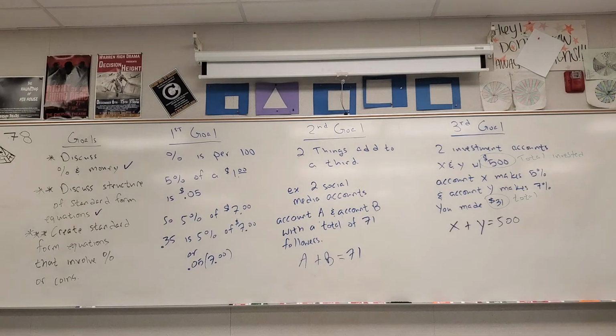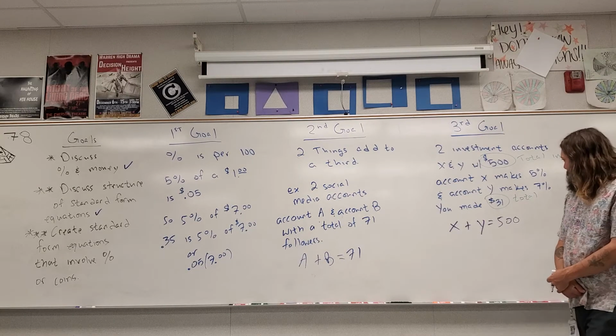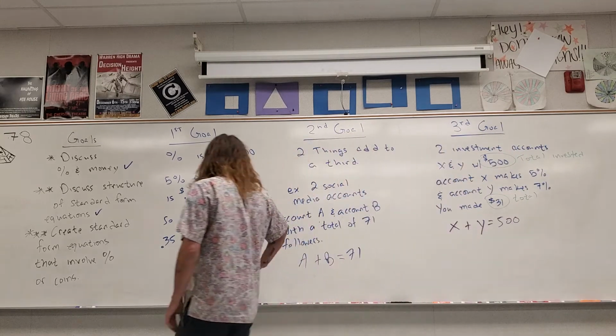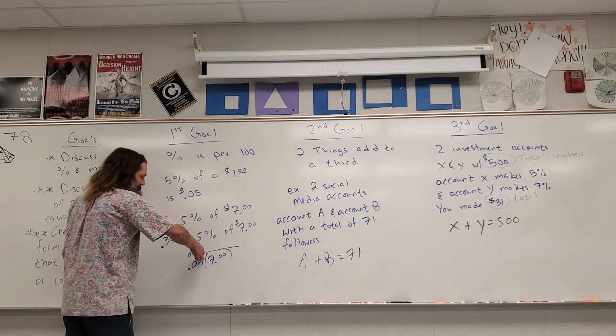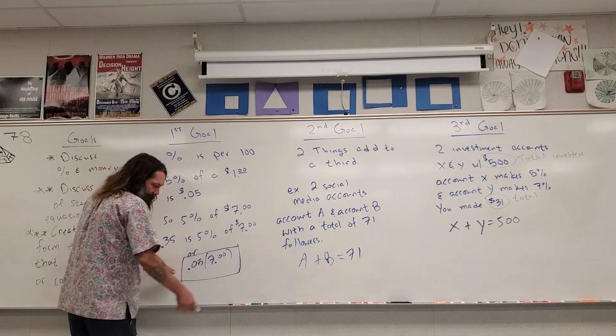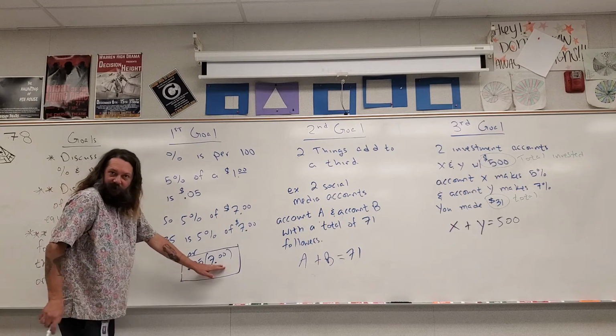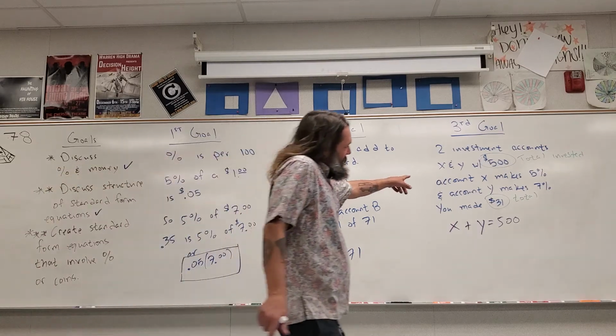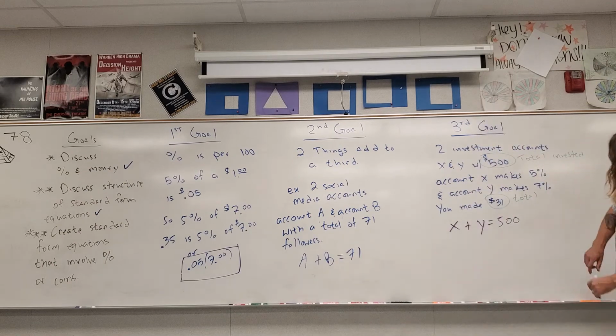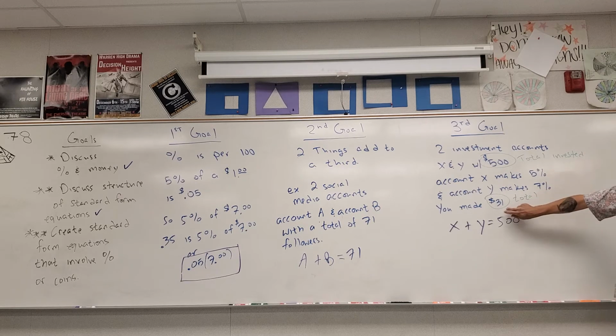Okay, so this next equation is probably going to be tricky for you to set up, but I want to focus on this. I'm going to use this idea where this calculated for me 5% of $7. So right here it says account X makes 5% and account Y makes 7%, and the amount that both of these make is $31.